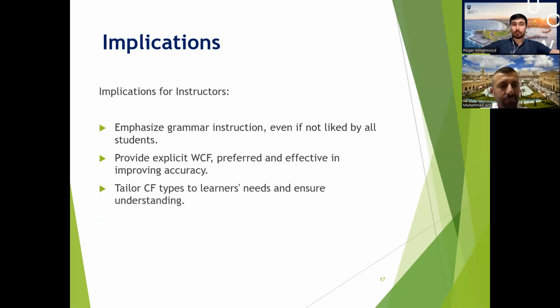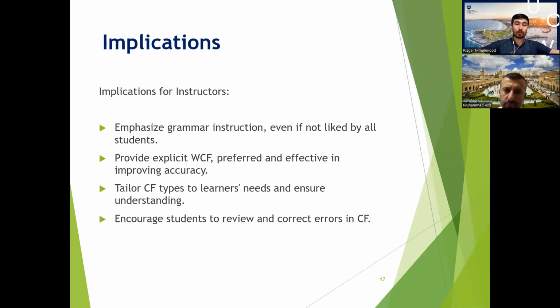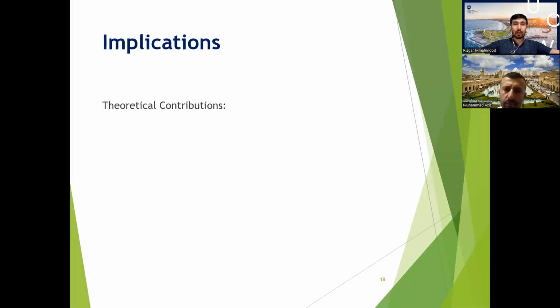The third one for instructors and teachers is that they have to tailor corrective feedback types to their learners' needs and ensure that the learners understand the corrective feedback they receive. The last one for instructors is to encourage students to review and correct their errors after they receive feedback, not only just receiving it, they have to correct it.